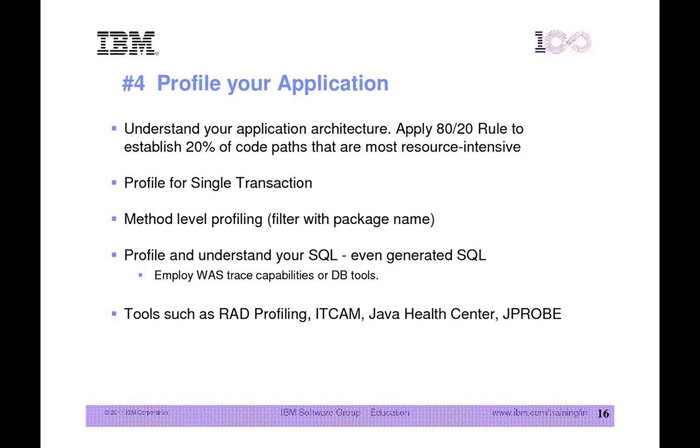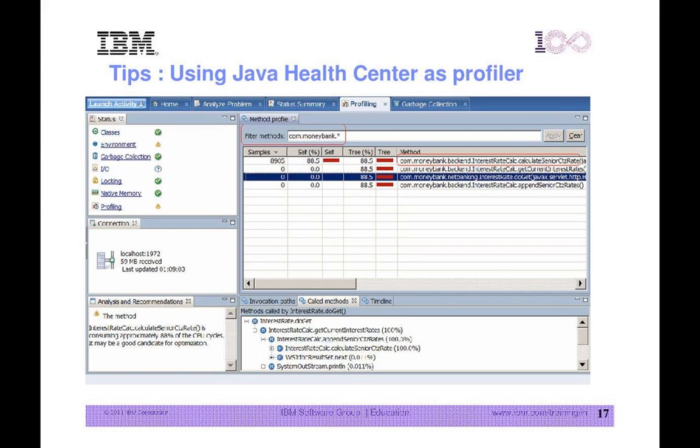This is one of the screenshots that I captured using Java Health Center. Java Health Center is a tool available free of cost to all of you, using IBM Support Assistant, again ISA. In this case, I started Java Health Center, connected to a running WebSphere, and profiled my application.